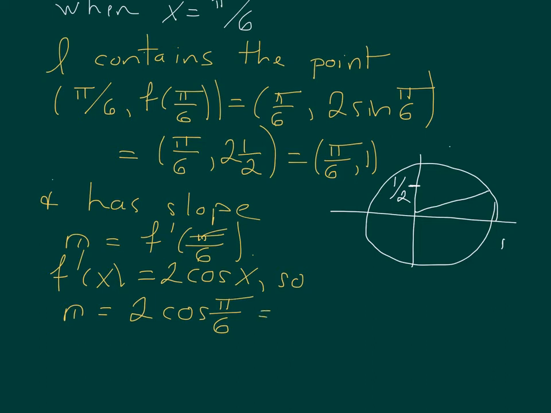What's cosine of pi by 6? Well, cosine of pi by 6 is the x-coordinate of that point on the unit circle at pi by 6, and that is root 3 over 2.